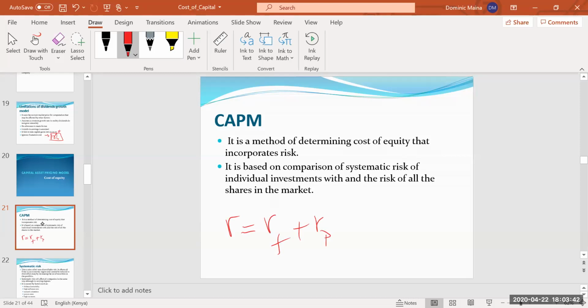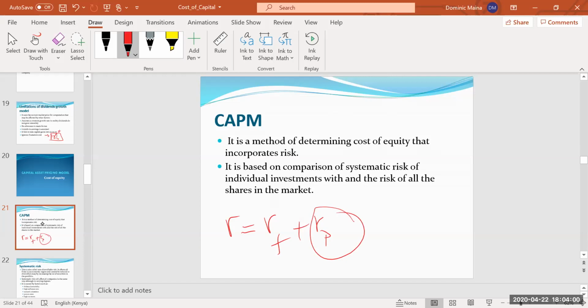We mentioned this at the beginning of the topic. So here we are trying to quantify how much premium the equity shareholders are going to require to invest in this particular project, based on the amount of risk we shall expose them to.